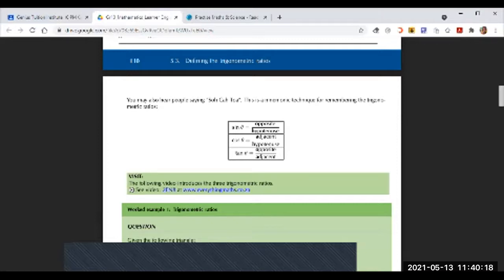Sin is SO, which is O for opposite and H for hypotenuse. And then CA is cos, which is adjacent over hypotenuse. And TOA, T-O-A, is opposite over adjacent. So in order to remember this, just make sure that you remember SOH-CAH-TOA.